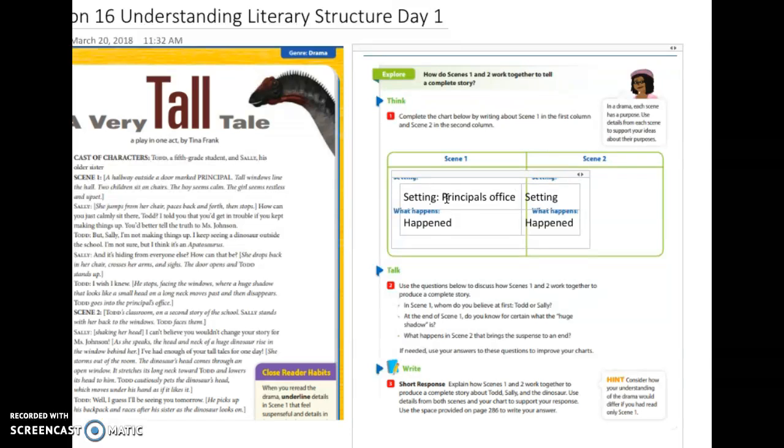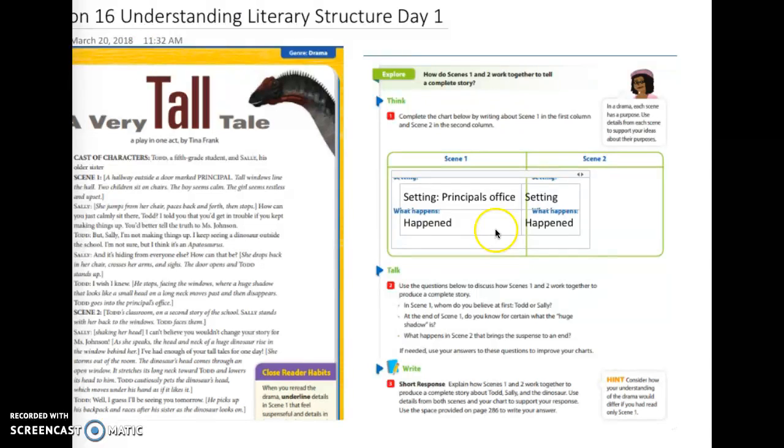Okay. Now go ahead and we are going to look at the stage directions in line 2 describing the setting. It's a hallway lined with windows. The characters are sitting in the hallway just outside the principal's office, and I'm going to add this to my chart.